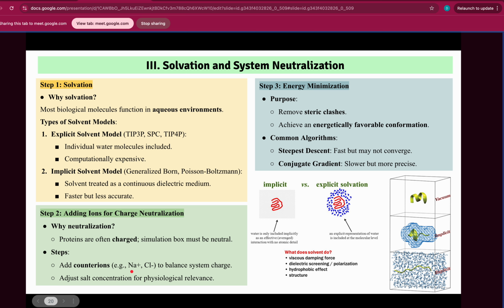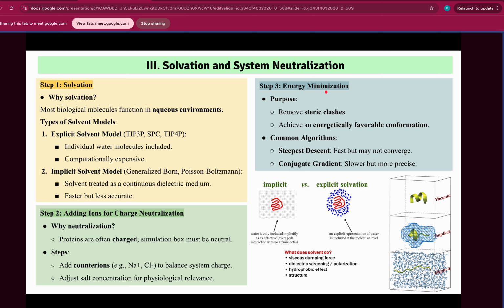We'll see what the charge on the protein is, whether it is 2 negative, 3 negative or 4 negative. Based on that, we add that number of Na positive ions, or vice versa, Cl negative ions if my protein is positively charged, to balance the system charge. Now we also adjust the salt concentration for physiological relevance. So in this scenario, we are performing neutralization.